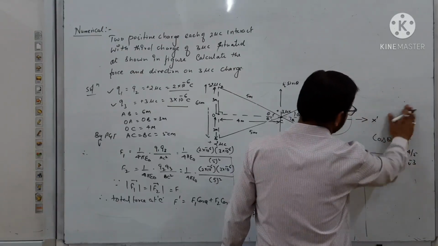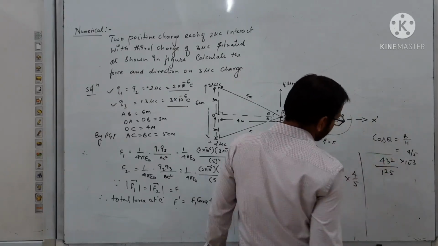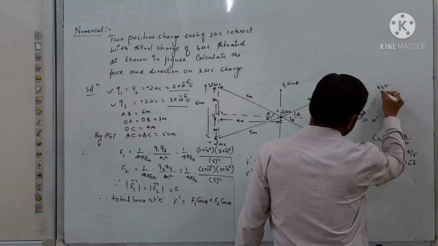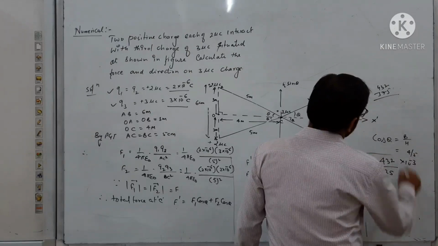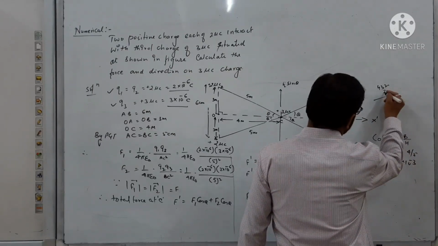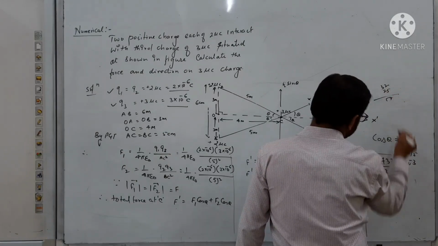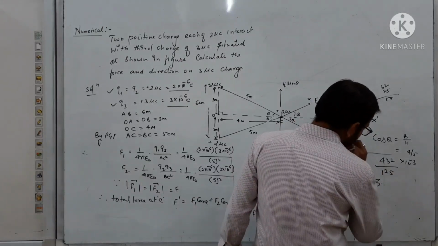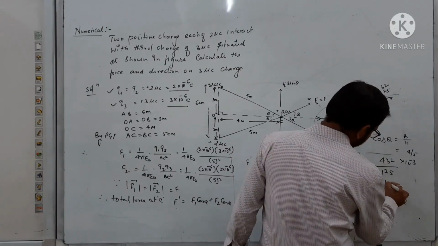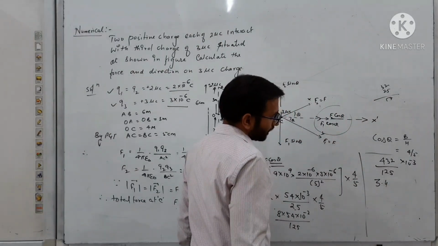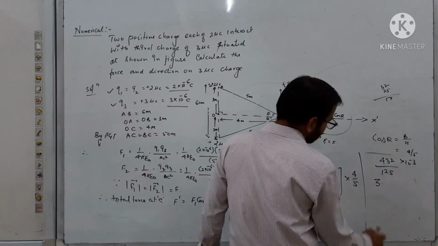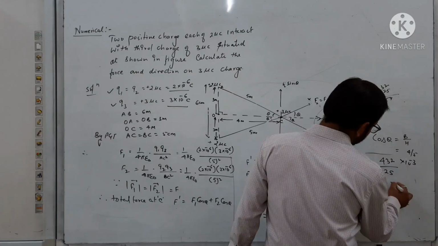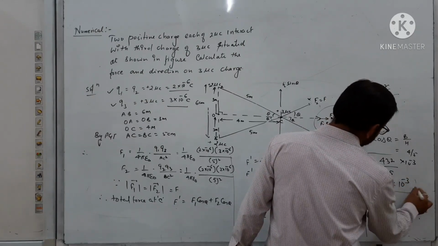125 times 3 is 375, so 432 minus 375, the difference is 57. Then dividing further, the answer will be 3.4, near about, into 10 raised to the power 3 meter.